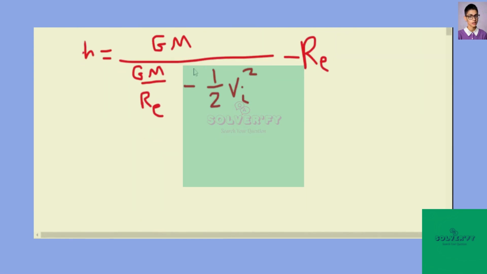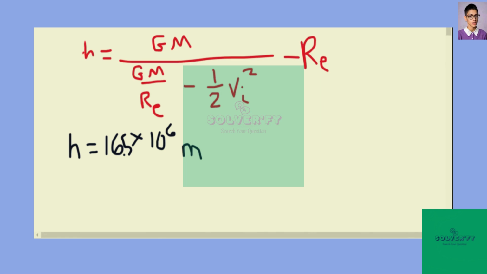Okay, there we go. So that gives me h equals 16 times 10 to the 6th power meters. And I'll write 16.5 times 10 to the 6th power meters.